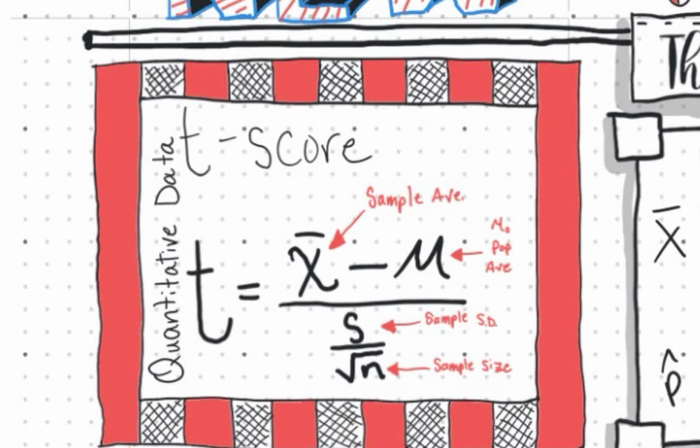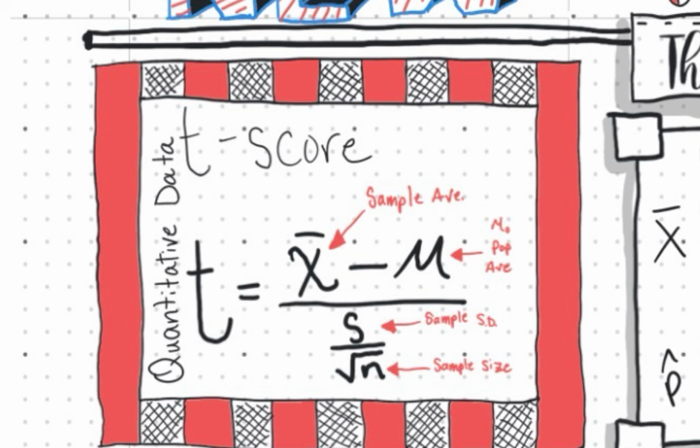But in quantitative data, it's based on the standard deviation of the population. And I don't know this. And most of the time, I'm not going to know this. So we're going to be using a t-score. This t-score is what we're going to call the test statistic. It's exactly like a z-score. Does that make sense?